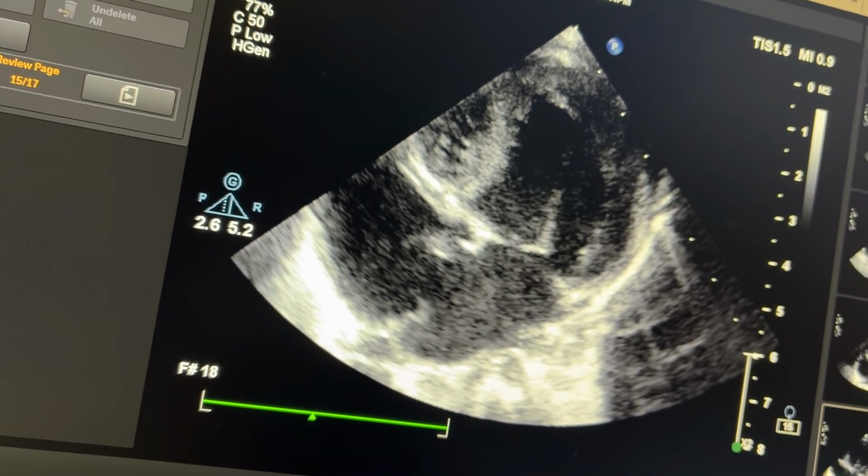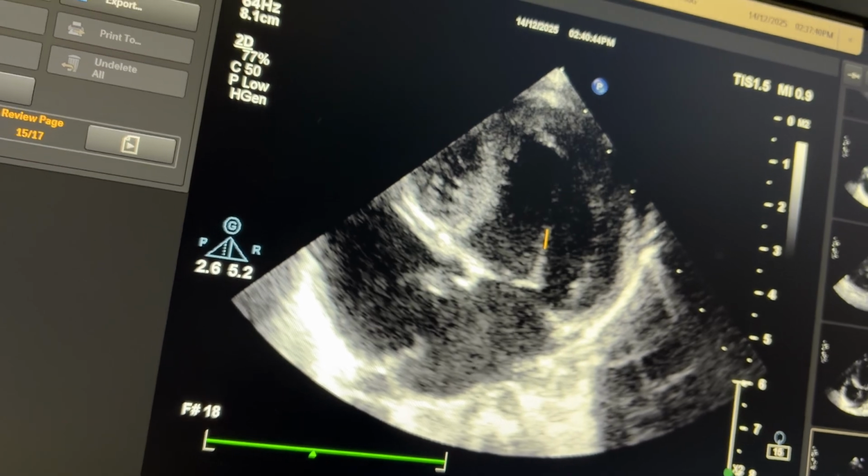That is how circulation is maintained in this case.